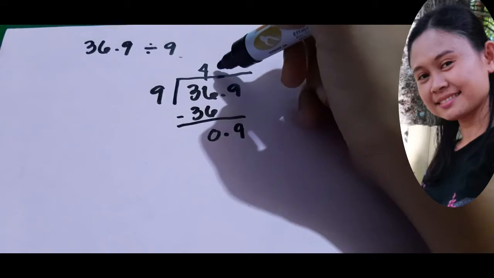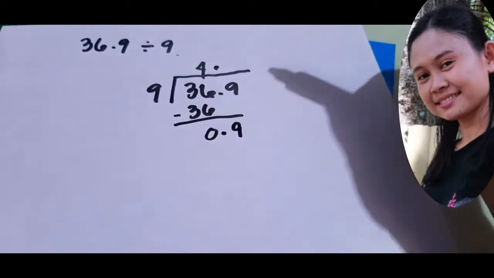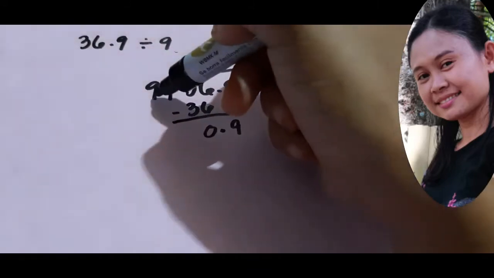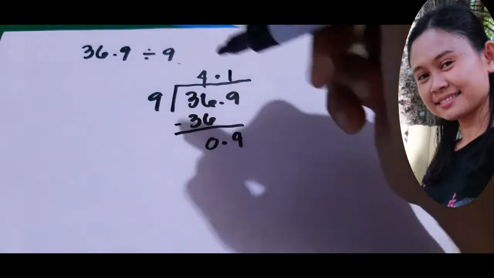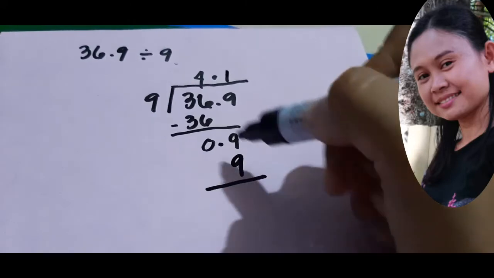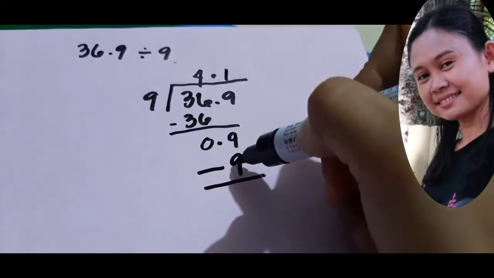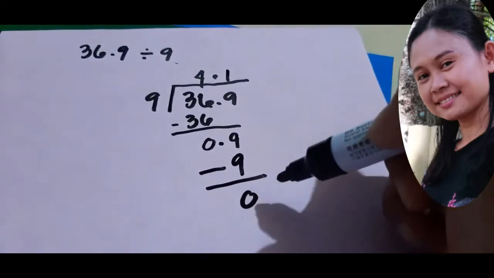Then place also the decimal here. Okay. Then 9 divided by 9 equals 1. 1 times 9 equals 9. Then subtract, 9 minus 9 equals 0.